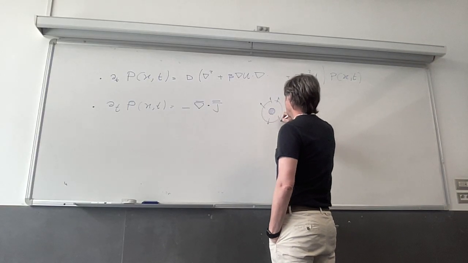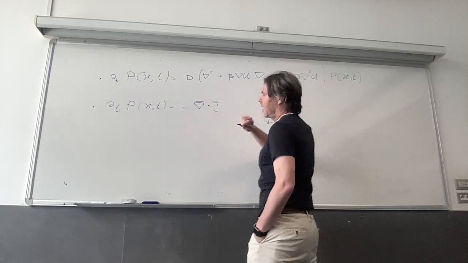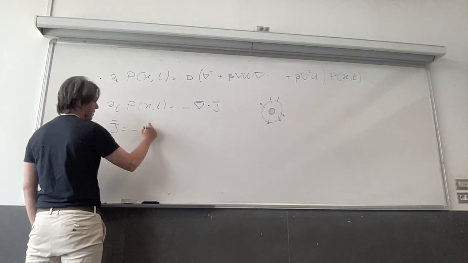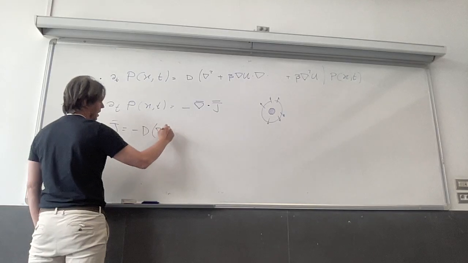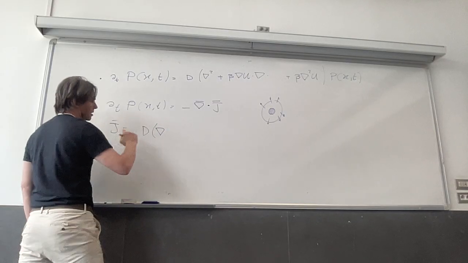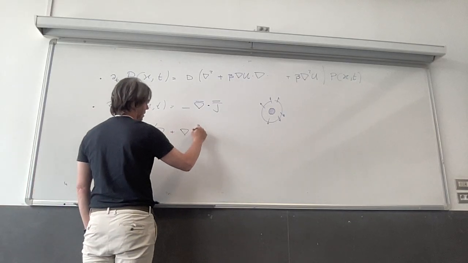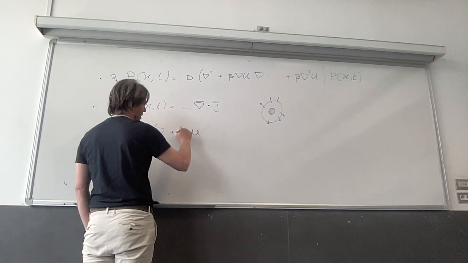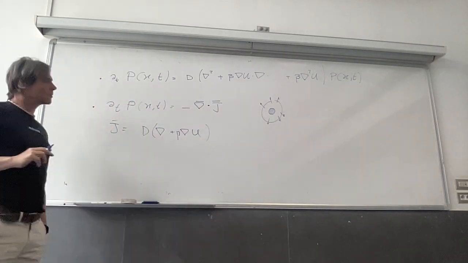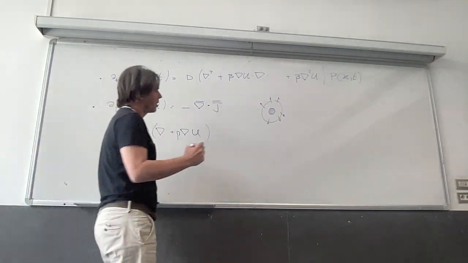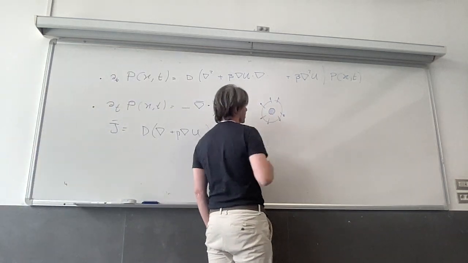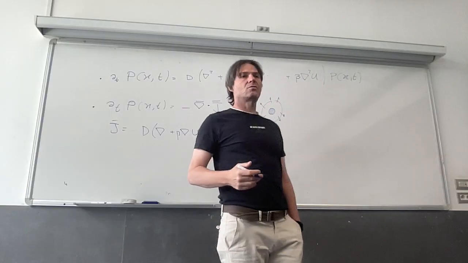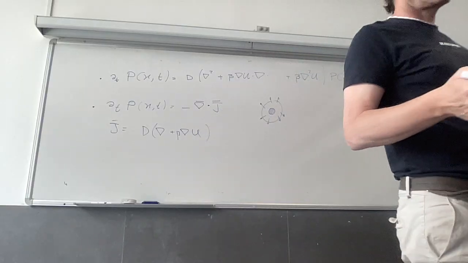of this probability current, which is defined to be negative d grad plus grad u with a beta, the flux of the probability current amounts to the change of population within the surface.